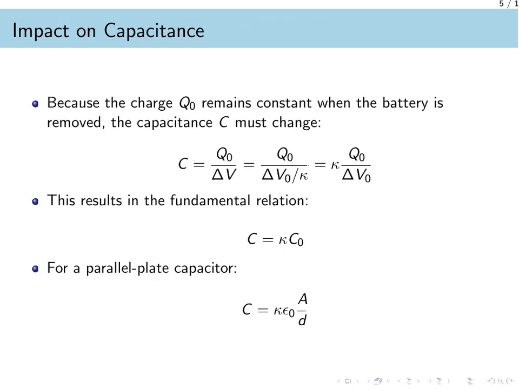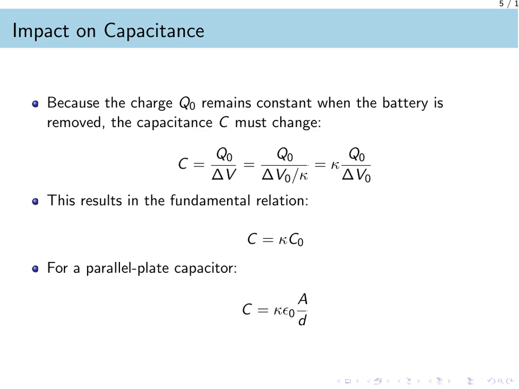Now let us closely examine the overall impact on capacitance. Because the charge Q0 remains constant when the charging battery is removed, the overall capacitance C must change. The new capacitance C equals the charge Q0 divided by the new voltage delta V, which is equivalent to kappa times the initial charge Q0 divided by the initial voltage delta V0.